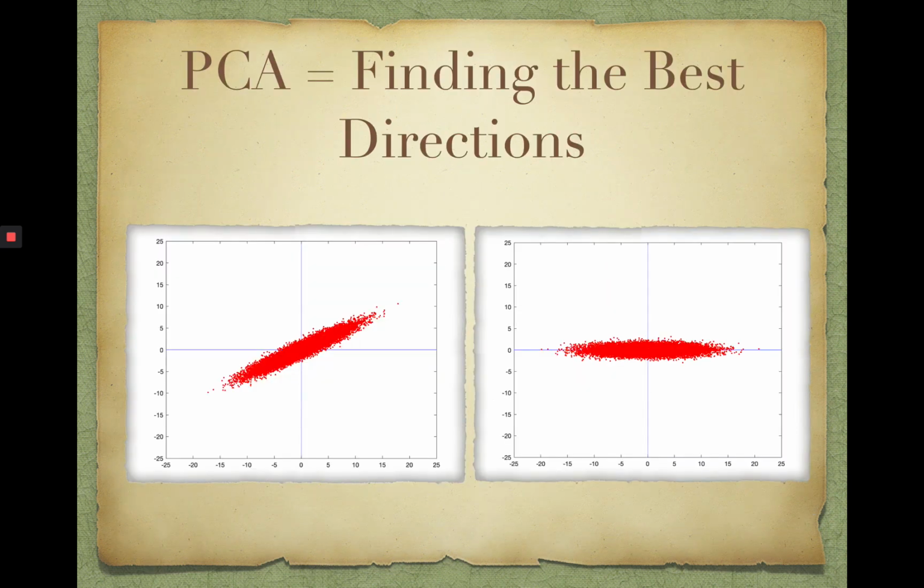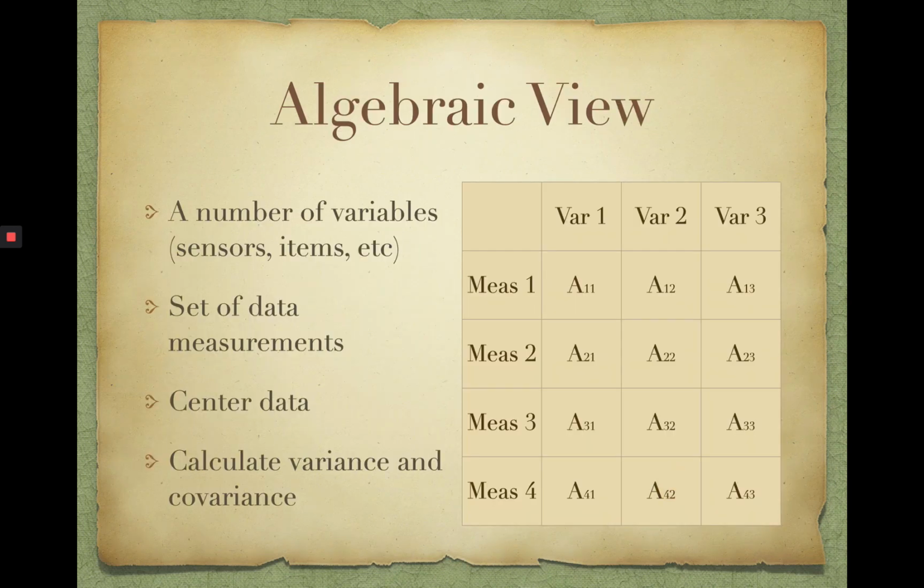So if you want to think of it this way, PCA is basically finding the best direction. If the left one is kind of my original data, on the right one all my data is still there. I've just been able to rotate the data to figure out what really matters. What is the direction that shows me the correct things for what's going on?